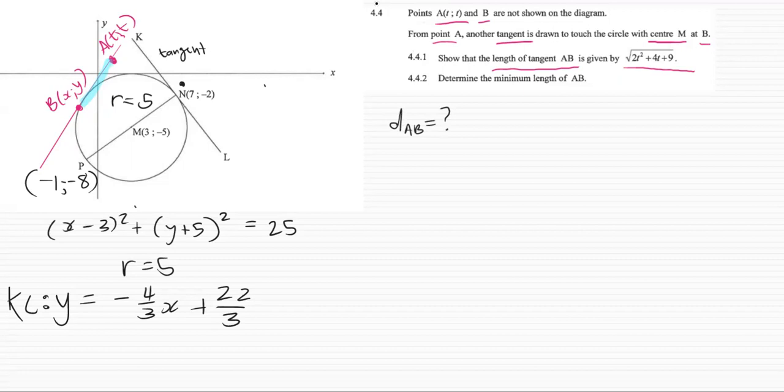This is question 4.4.1, and they've given you that it's going to be the square root of 2r squared plus 4r plus 9. This already gives a little bit of clues that they're using r, which is the radius, and that it's got a square root, which to me, whenever I see a square root, it's either because it's a distance formula or because of Pythagoras.